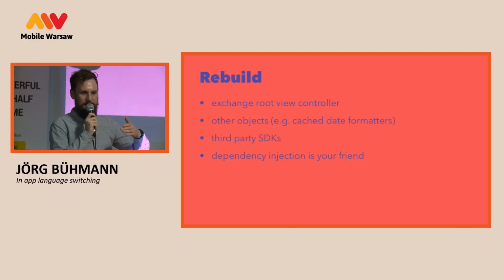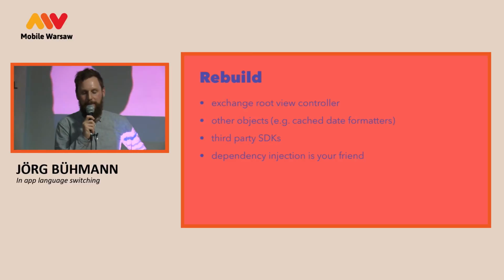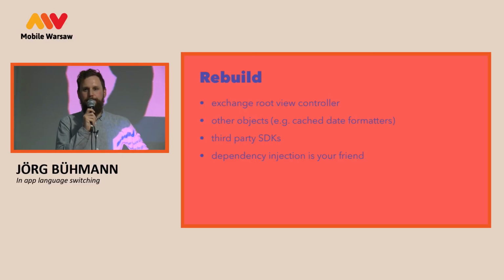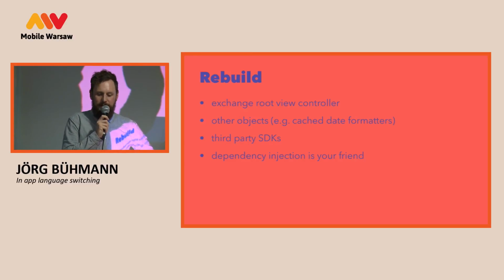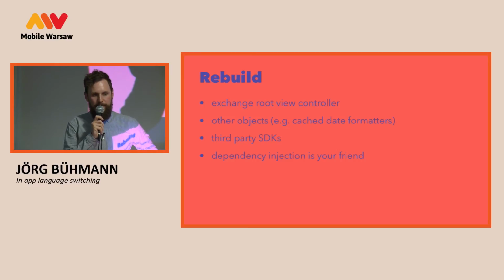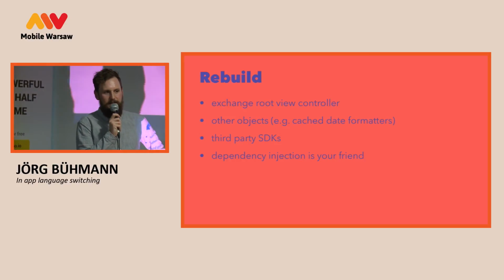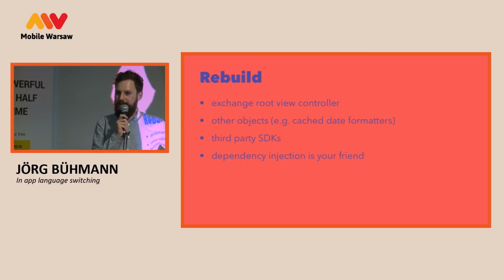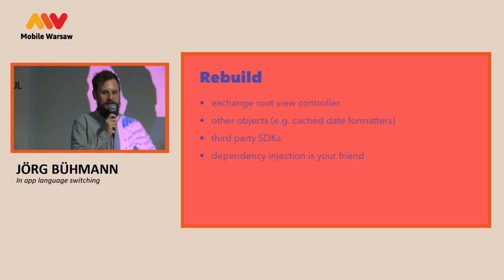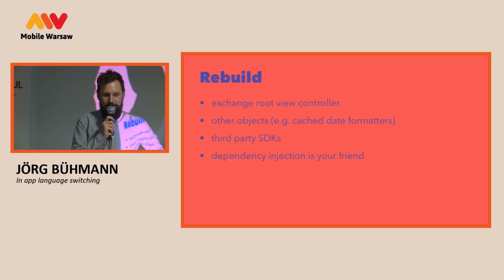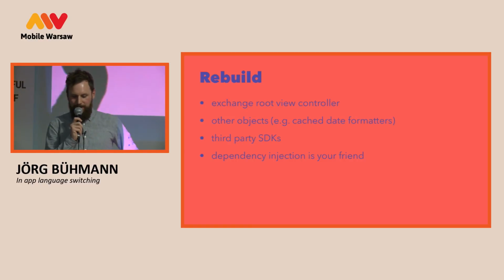You always got the date formatting of the last language, which is something you don't want, but it happens easily because, especially on iOS, date and number formatting objects are a little bit expensive to create, so you usually cache them to keep them around. So if you're not caching them correctly, or, yeah, I mean, caching is a hard problem, we all know that.